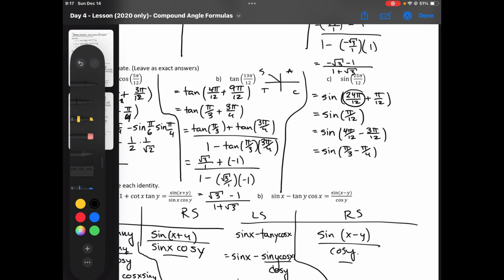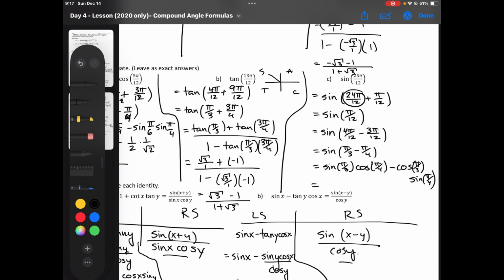So I've got sine of x minus y, which simplifies to sine x cosine y, and then minus cosine x times sine of y, pi over 4 there.